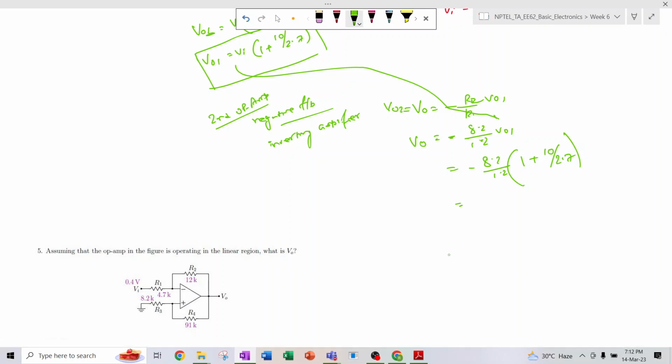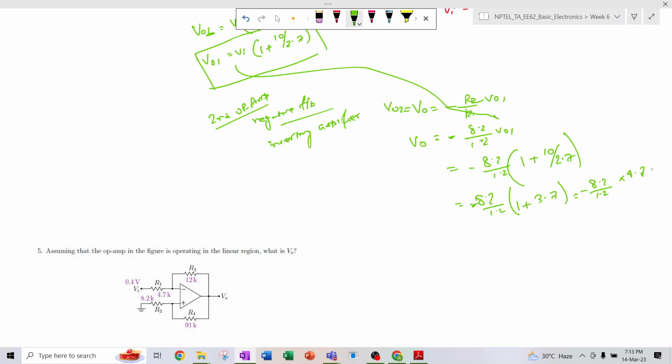So now what is the answer? If we do 10 divided by 2.7, we get 3.70. So it is minus 8.2 divided by 1.2 into 1 plus 3.7, that is minus 8.2 divided by 1.2 into 4.7.